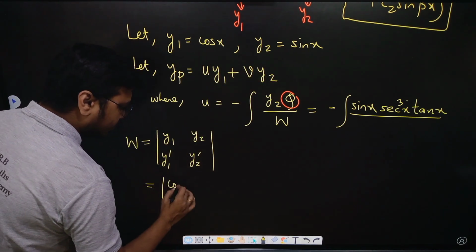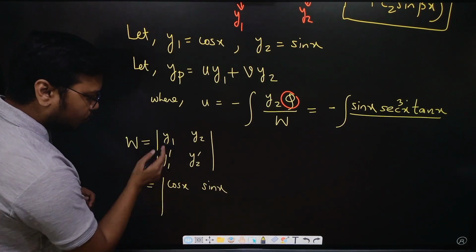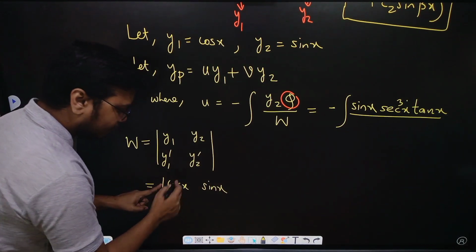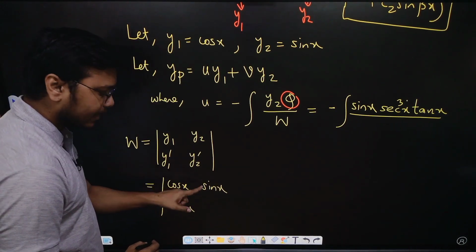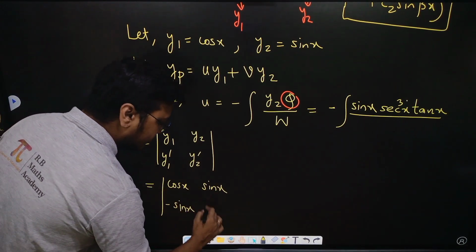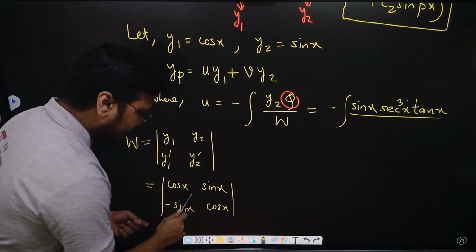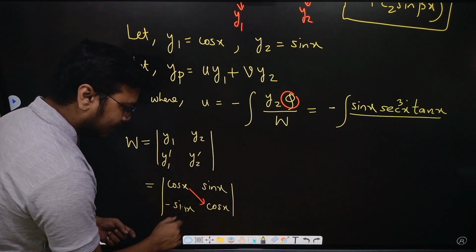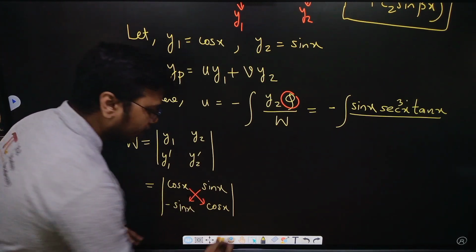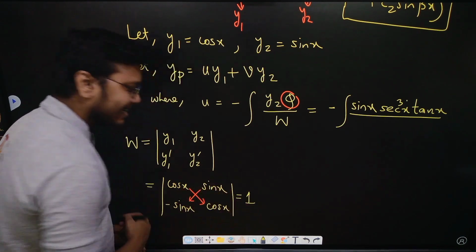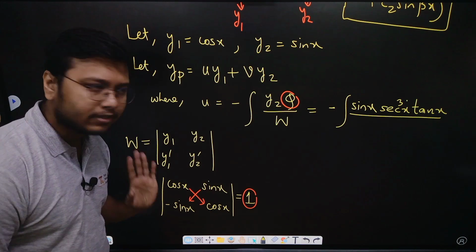The derivative of y1 is y1', so the derivative of cos x is minus sin x, and the derivative of sin x is cos x. If I take the determinant, you can observe it's cos²x minus minus, which becomes plus, cos²x + sin²x, right? So the value of the Wronskian in this case is 1. So we have got W equal to 1 for this particular case.